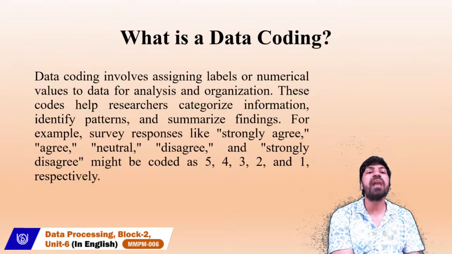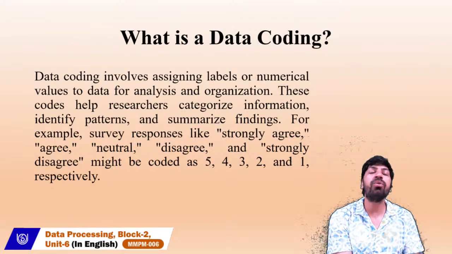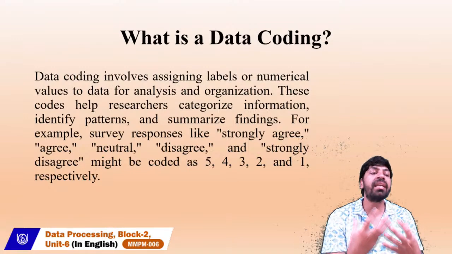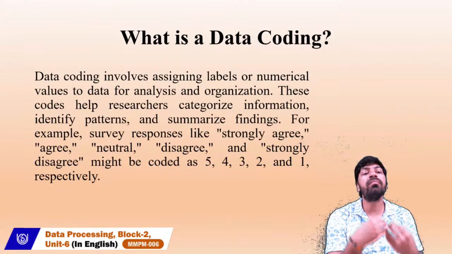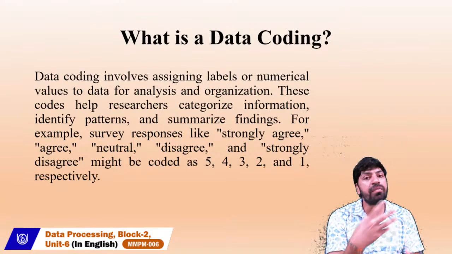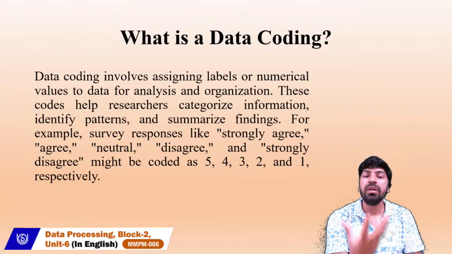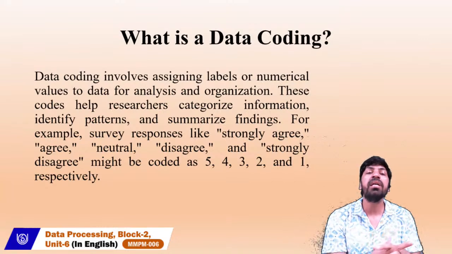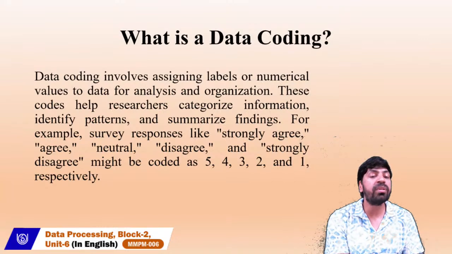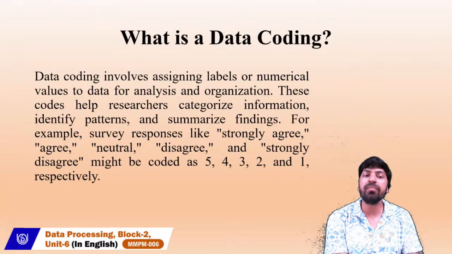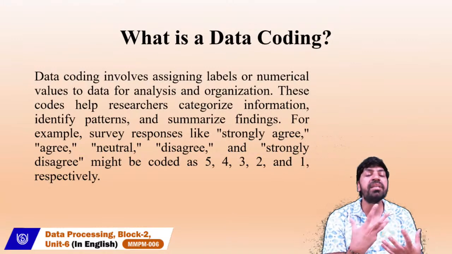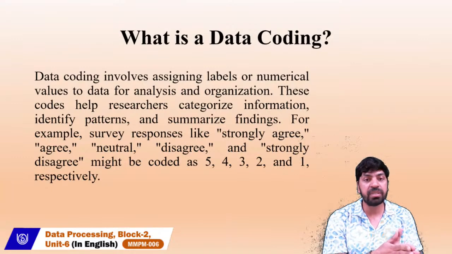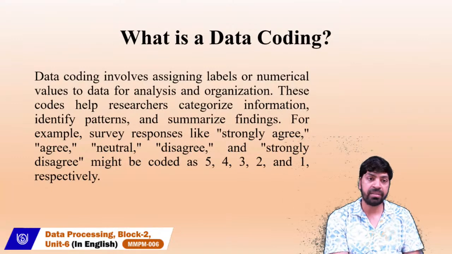Next is what is data coding. Data coding is assigning labels or numerical values to the data so that the analysis can be done smoothly and the organization can easily identify the data or the values for further analysis.